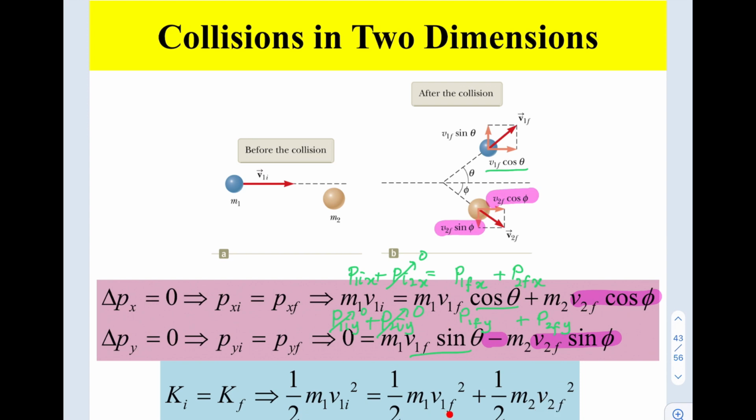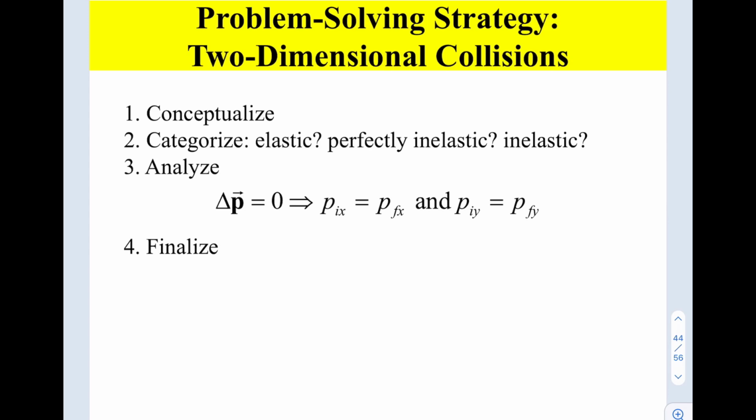If we refer to this, you have to use the resultant V final for object 2 and the resultant V final for object 1, because this is energy. It has no components.